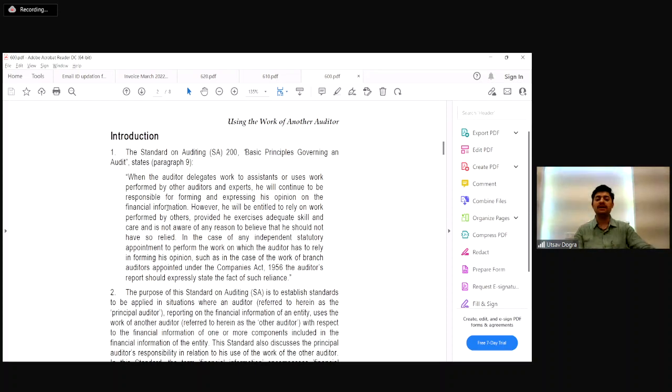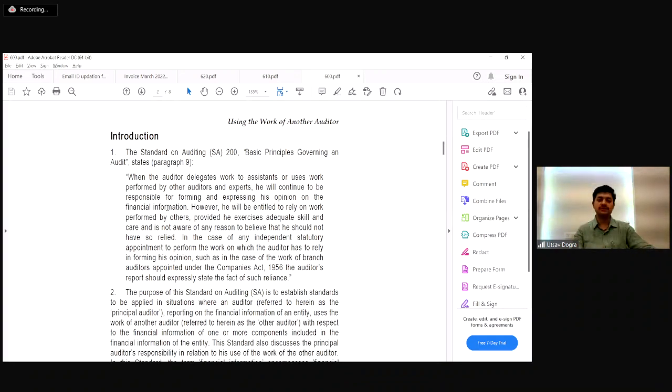However, he will be entitled to rely upon the work performed by others, provided he exercises adequate skill and care and is not aware of any reason to believe that he should not have so relied. So here it makes very clear that the ultimate responsibility lies upon the principal auditor.